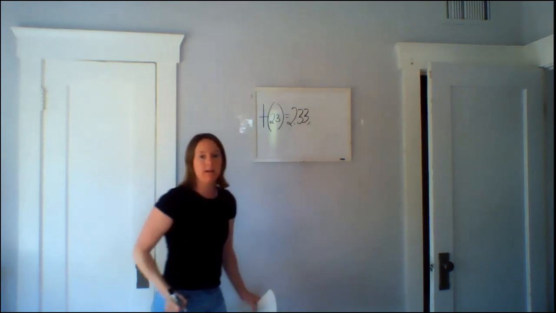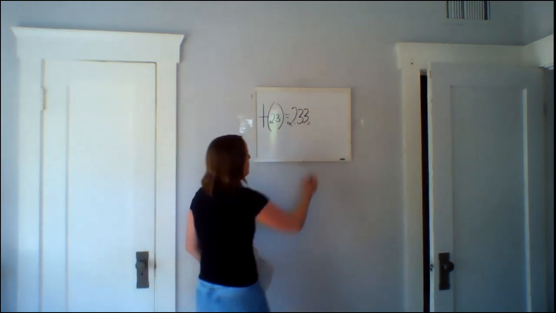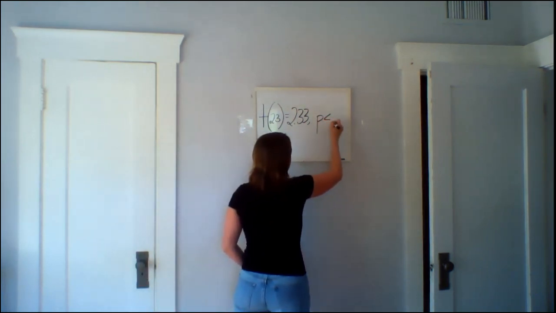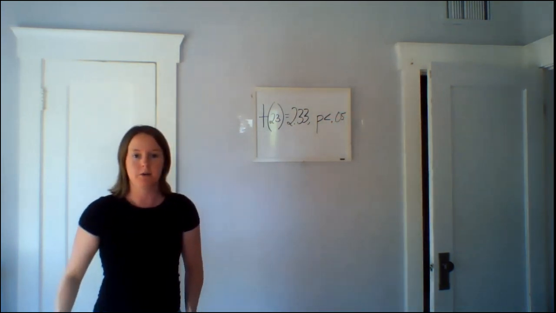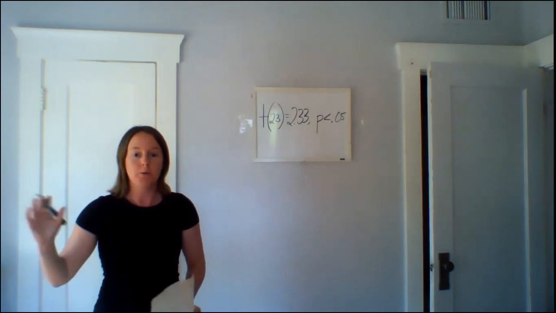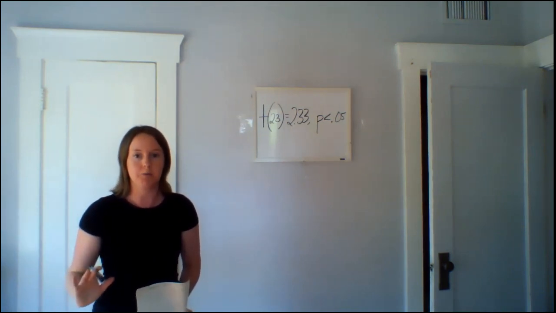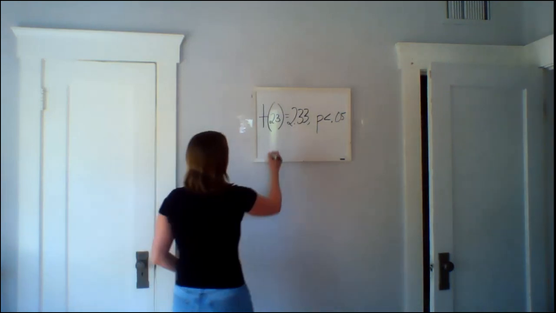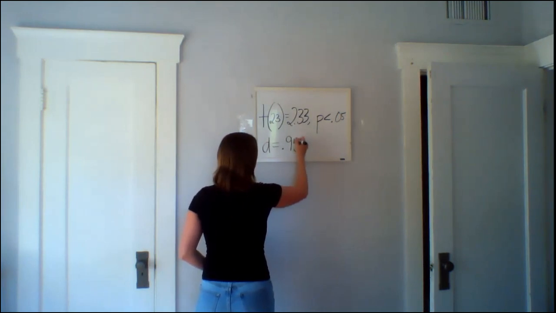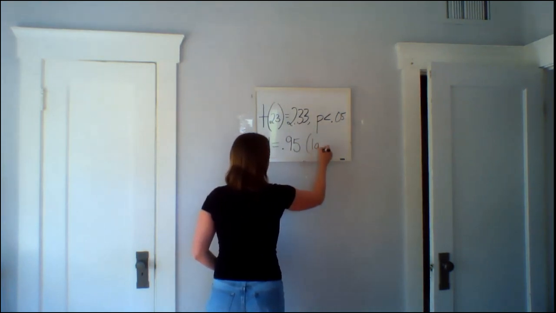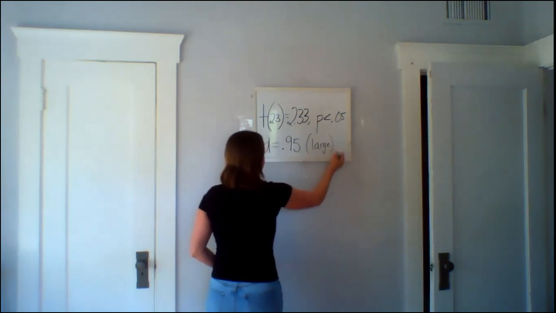The probability of a type 1 error, by definition, is less than 5% because we rejected the null hypothesis. Okay, we had a significant result, which means we're confident that our chance of a type 1 error is below 5%. That's what we want. And then Cohen's d was equal to 0.95. Okay, large effect size.